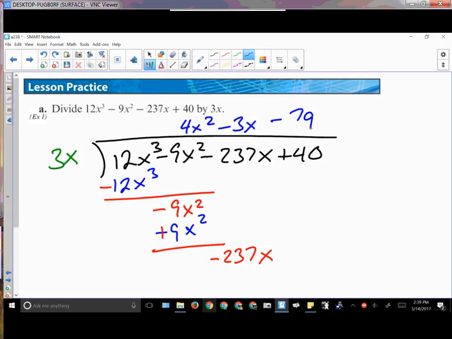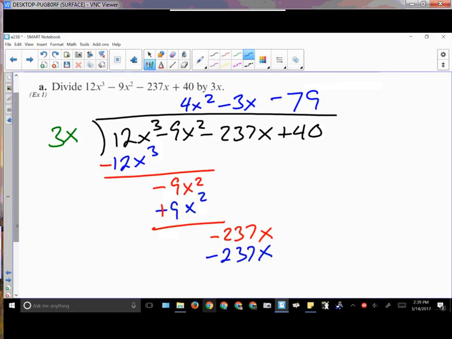Okay. So I've already got an x sitting there. So we know that multiplies out to be negative 237x. So change signs.